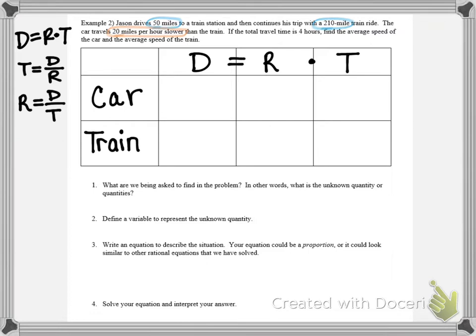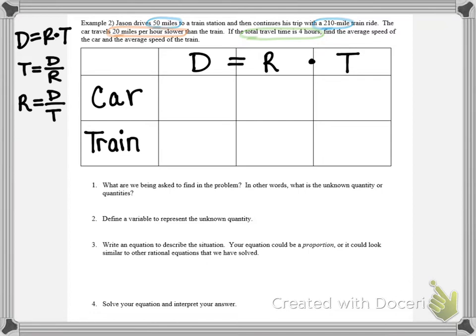So I used a new color, like an orange color, to highlight the information about the car being 20 miles per hour slower because that's a rate, miles per hour. So that information is going to help us with the rate of the car and the train. And then I'm also told the total travel time is 4 hours. So I circled that in green because that has to do with time. That's just hours.